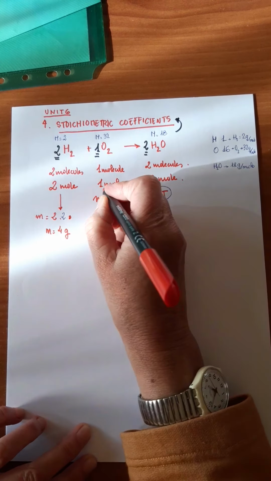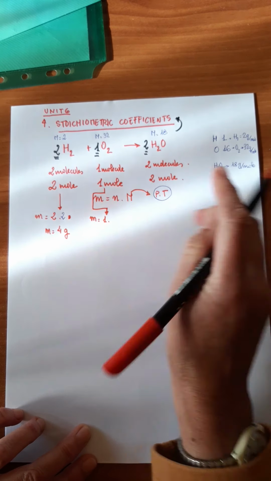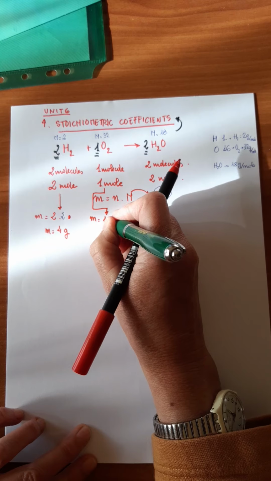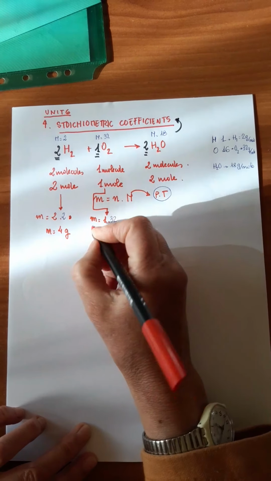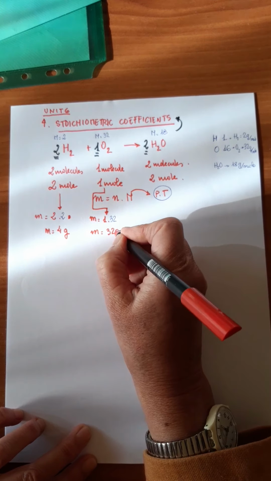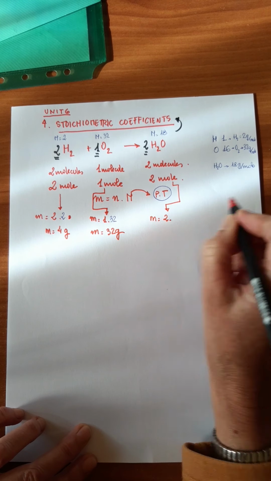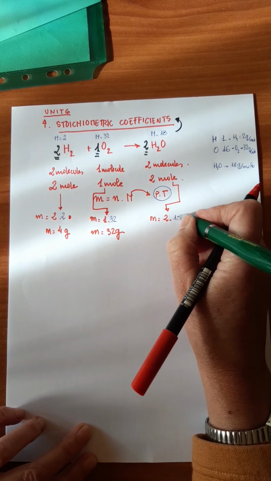If we do the same with the mole of oxygen, mass equals 1 because we have 1 mole times 32. So the mass is 32 grams of this mole. And now the mass of these 2 moles of water is 2 times 18.